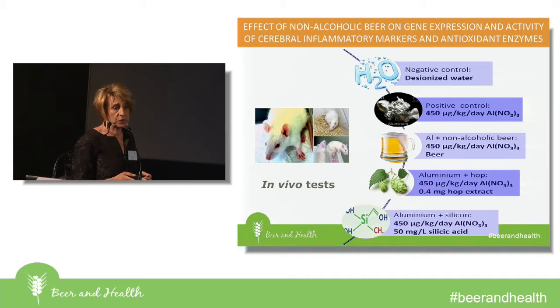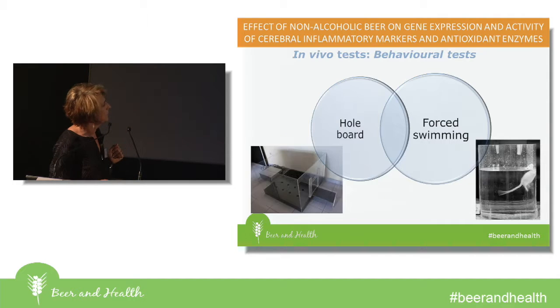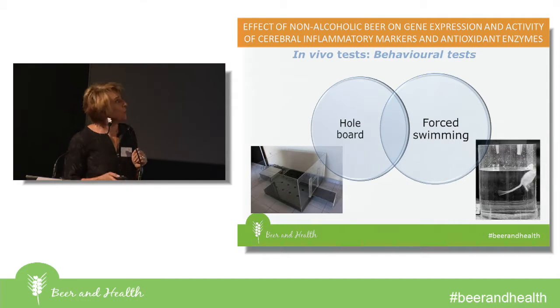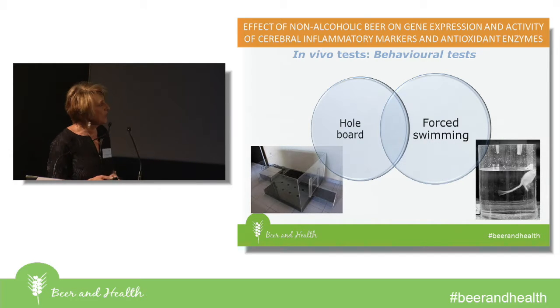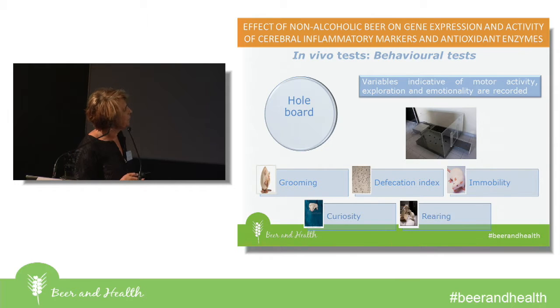In vivo trials were quite similar to the ones carried out before, but there was a new group of mice that were fed hops and intoxicated with aluminum. It's important that we also carried out behavioral tests. There was one with hole boards and one with forced swimming.